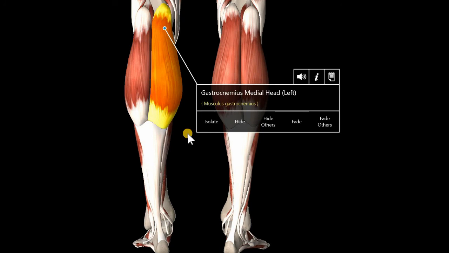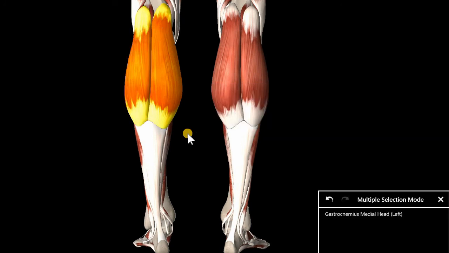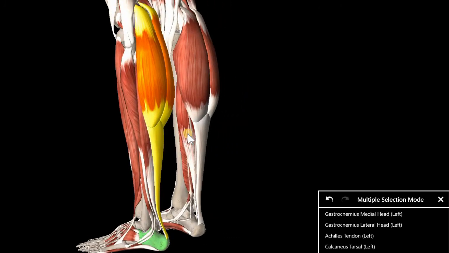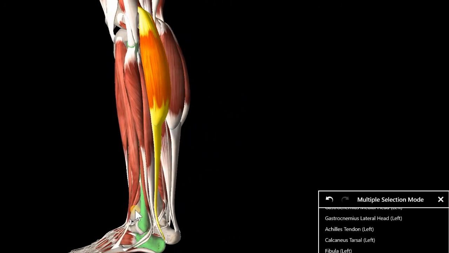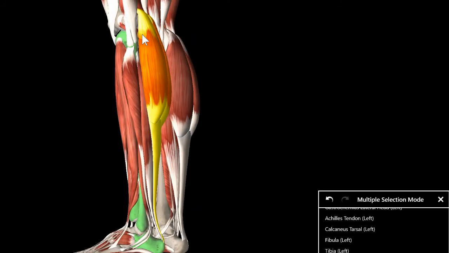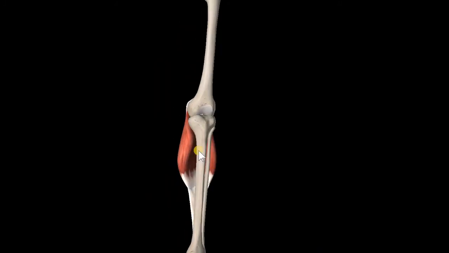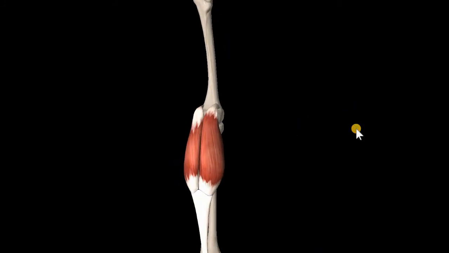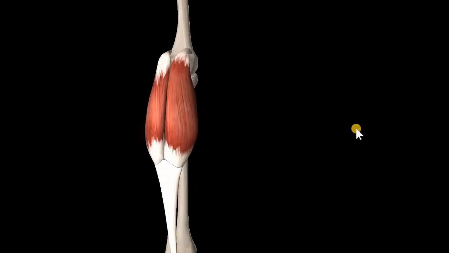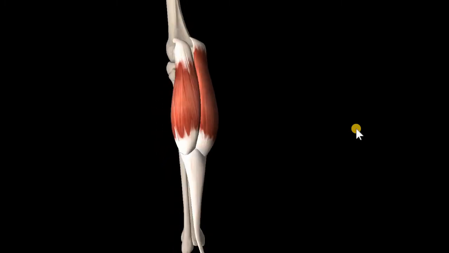Let's go ahead and mark a bunch of structures here. Then we'll isolate. So here is the gastrocnemius.